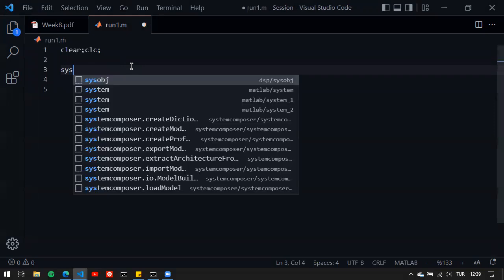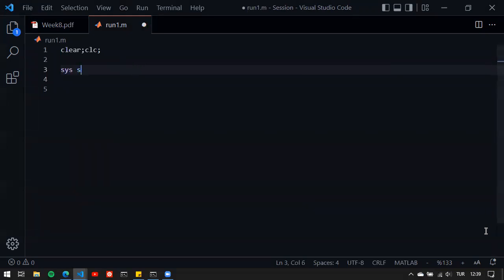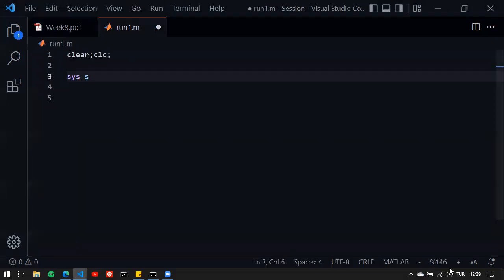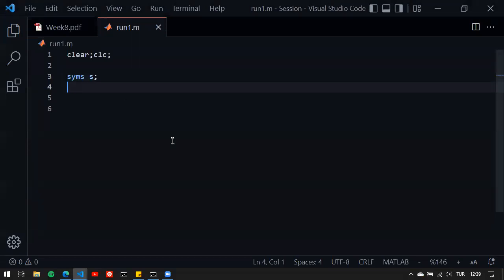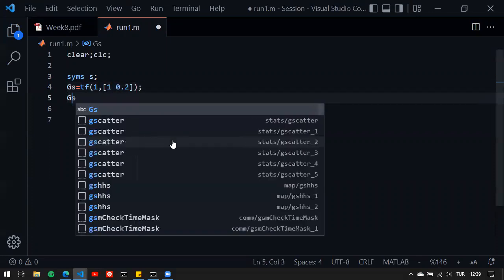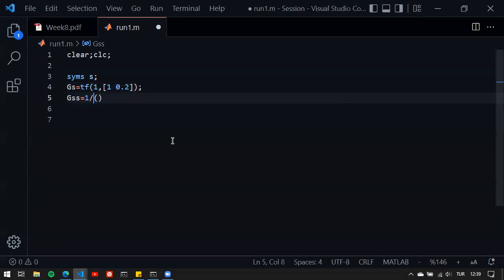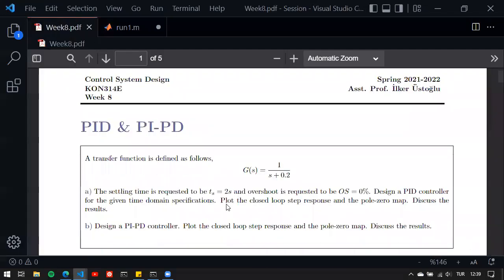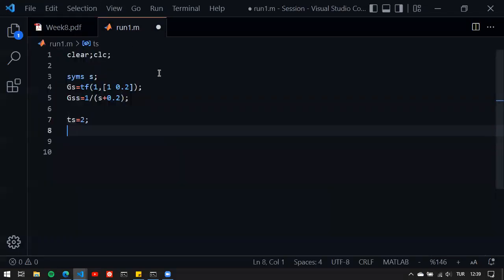Let's define our system. Maybe I might increase the zoom a little bit more. So the transfer function is this, and the symbolic version is also this one here. What was the settling time requirement again? 2 seconds. Zeta is equal to 1 because of 0 overshoot.